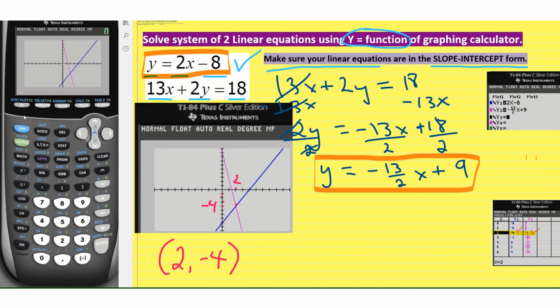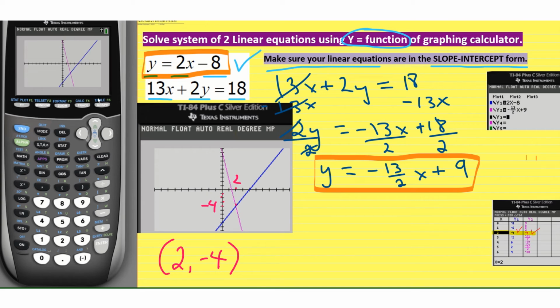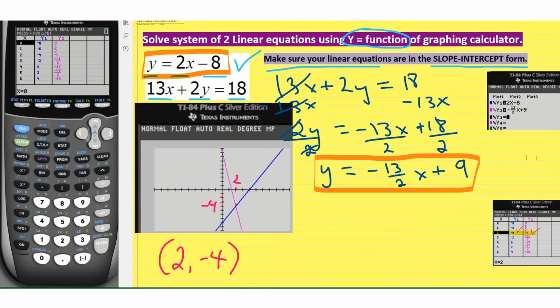On my graphing calculator, I'm going to do this blue second button and blue word table. That is going to take me to a different screen, and I'm going to look where my x value is. This is my x value, and this is my y value.